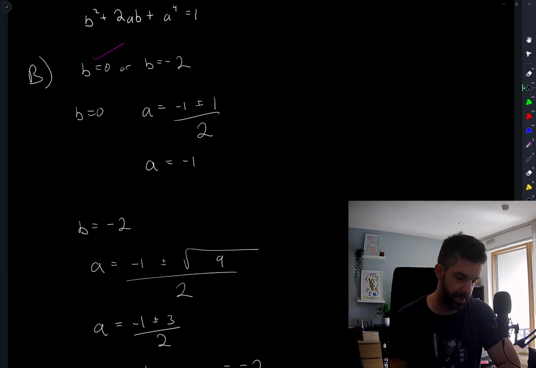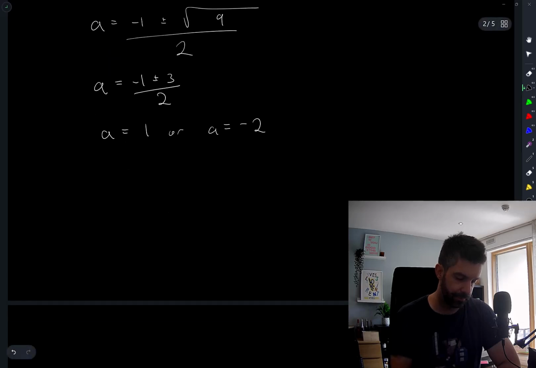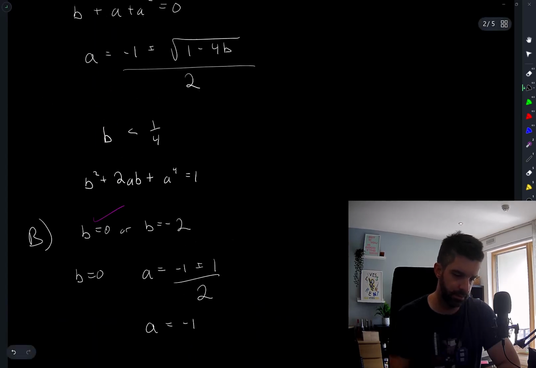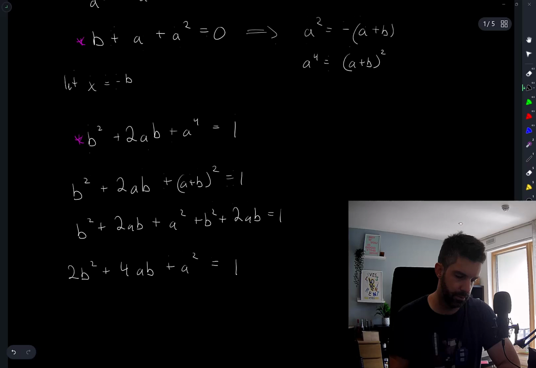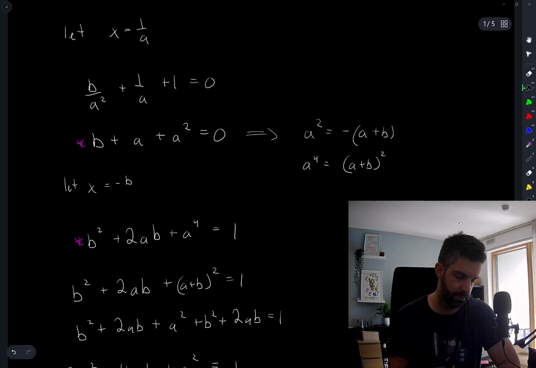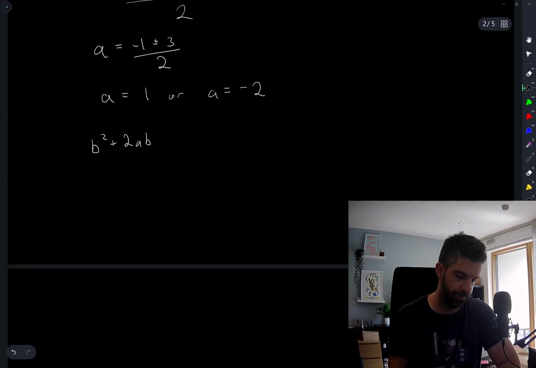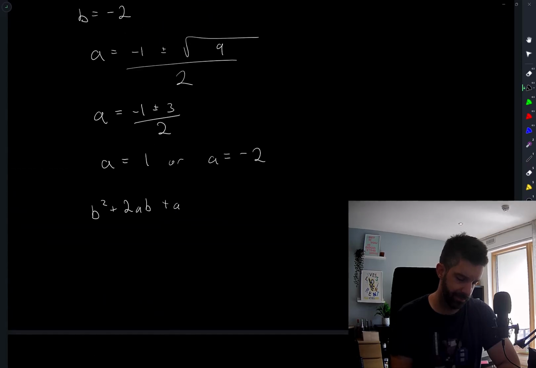So b is equal to negative 2. So b squared plus 2ab plus a to the 4. When b is equal to negative 2, this gives us 4 minus 8a plus a to the 4.